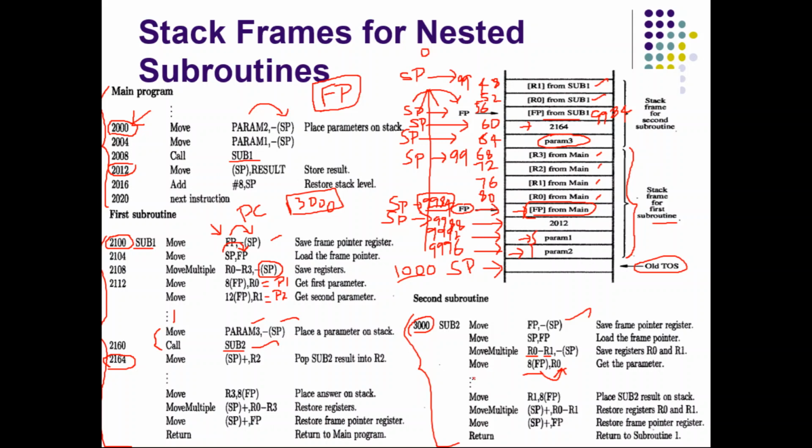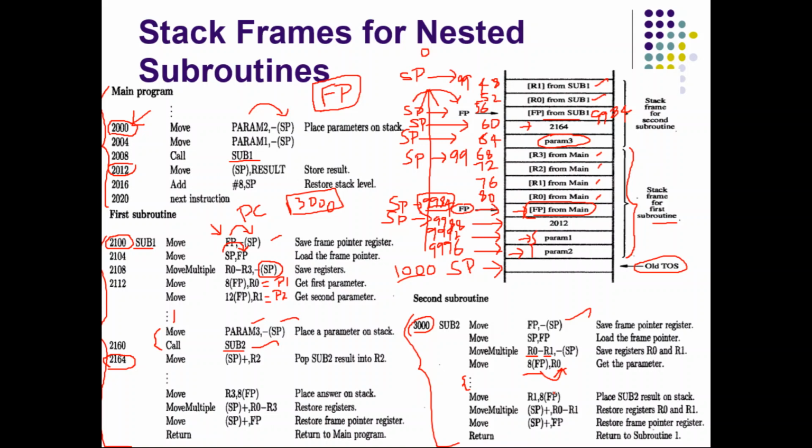Finally, some statements get executed. Then subroutine 2, whatever its task, is done. What is its job? We are not bothered about that. Finally, let us see how the control returns to subroutine 1. So we are doing move R1 comma 8 of FP.